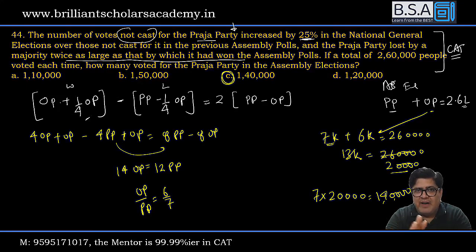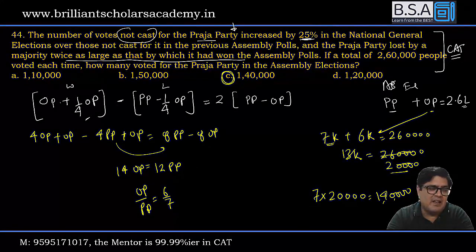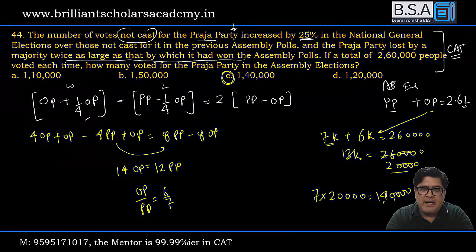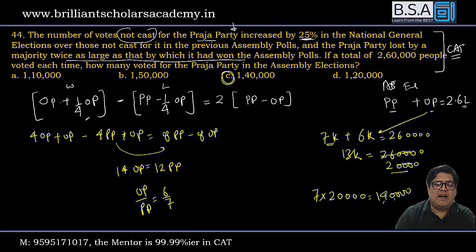Can I say one piece of information is very clear, that Praja Party went on to win the assembly elections. If a party is going to win the assembly elections, it will always have more than half of the votes in the election. So you look at answer option 1.